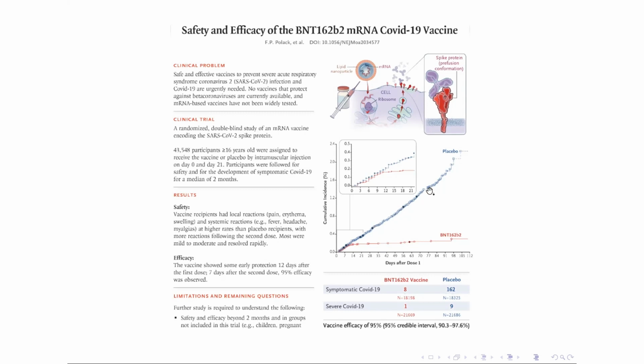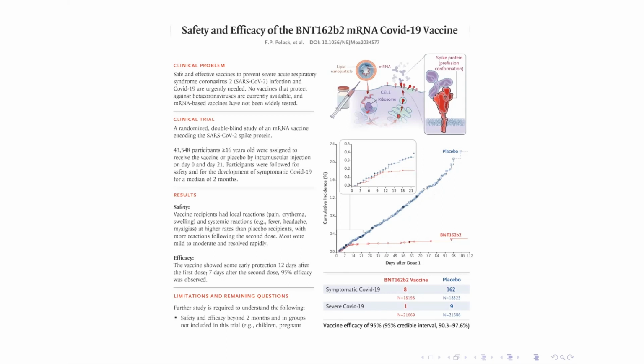So there was no standard of care. Placebo was the control here, and it's obvious. There's no need for statistics here. It's obvious that the vaccine was superior, but still, as per protocol, they did a formal evaluation of superiority of the vaccine with respect to placebo.